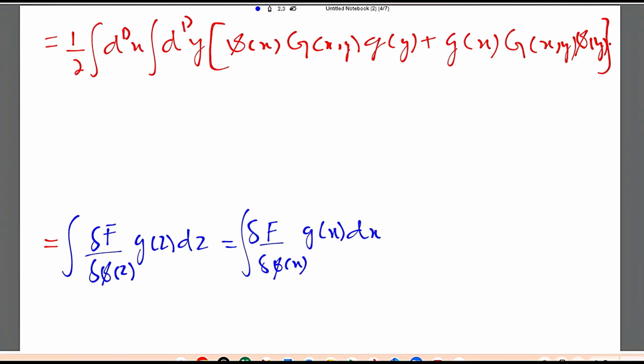So what we need to do right now, don't forget the d, is separate this thing, so that the integral should appear like g of x times d dx, and anything with it will be the functional derivative.